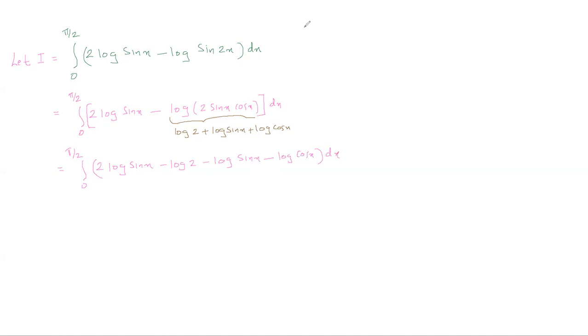And here, from 2 log sin x, one log sin x will go. So the remaining integral 0 to pi by 2 is log sin x minus log 2 minus log cos x dx.